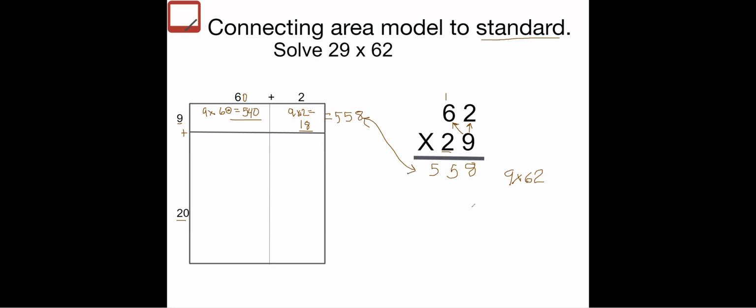Now we're going to multiply, change my color, our tens place. So we're going to multiply 20 times 62. Now we're multiplying the tens place, and that is the same thing as 20, which is a multiple of 10.